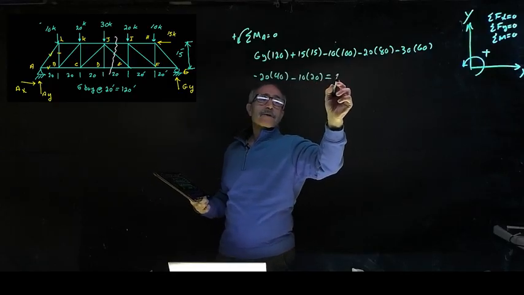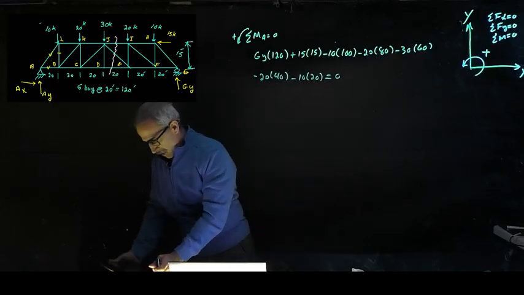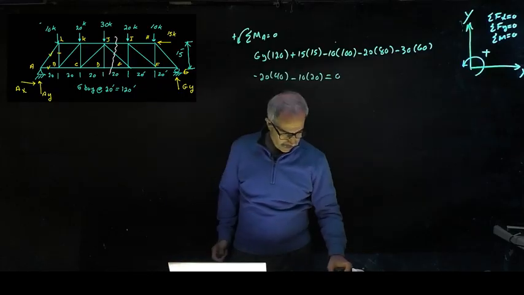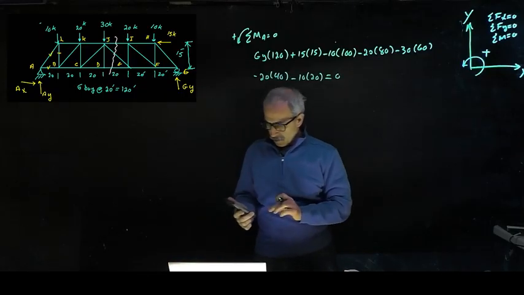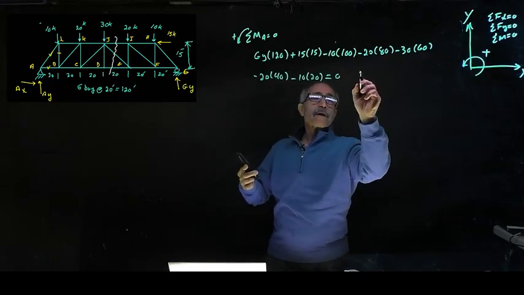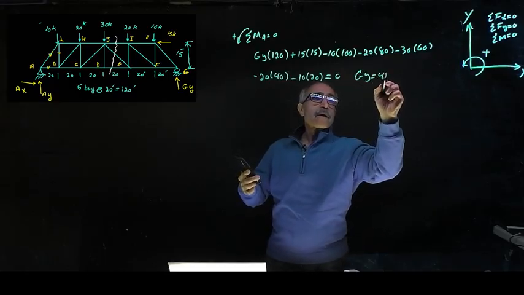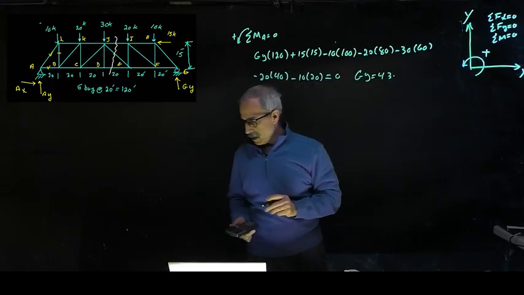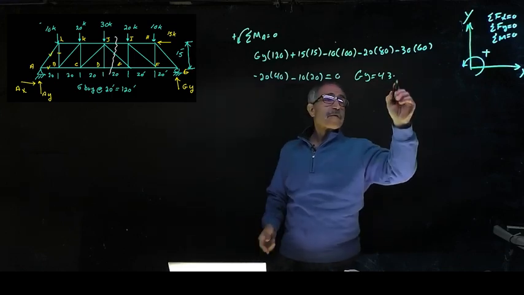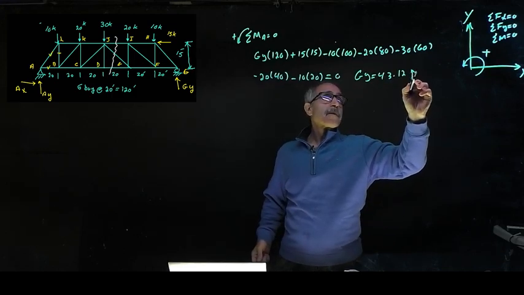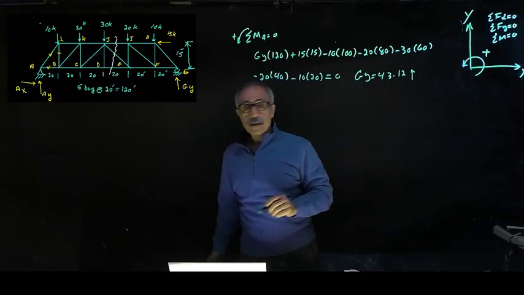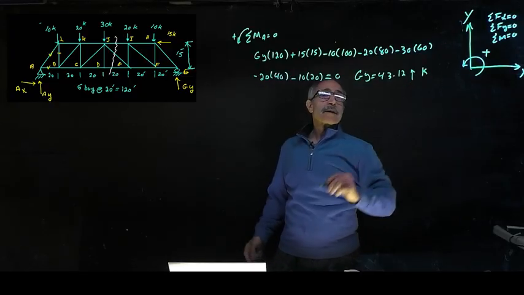And that equals 0. So Gy is 43.125, so let's just say 43.12. And that's going to be going up. And these are kips, so let's say that's what it is.